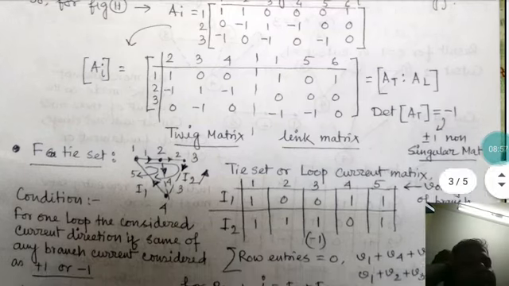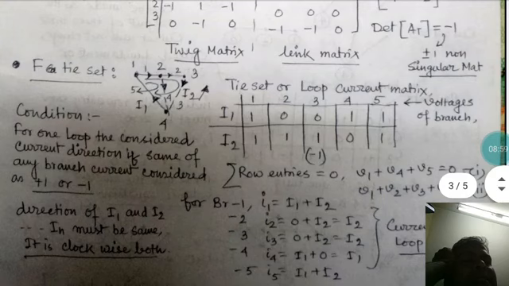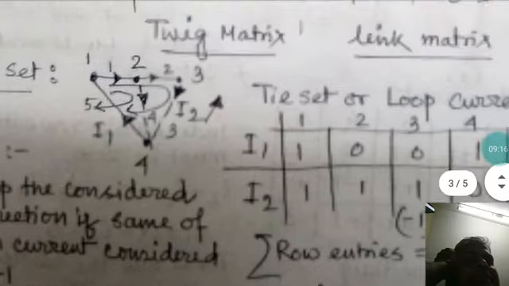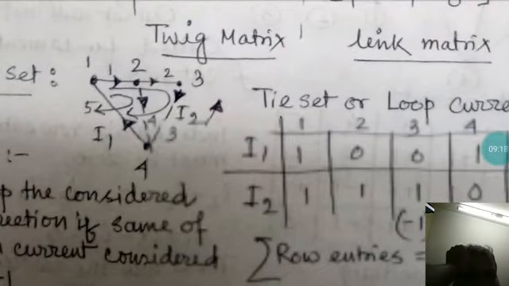Now, what is the condition of the fundamental tie set or F tie set? For one loop, if the considered current direction is the same as a branch current orientation, it will be taken accordingly as plus 1 or minus 1. In this particular one I am making it enlarged so you can see it well.